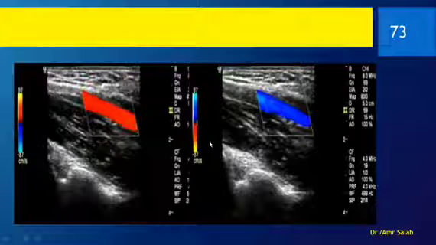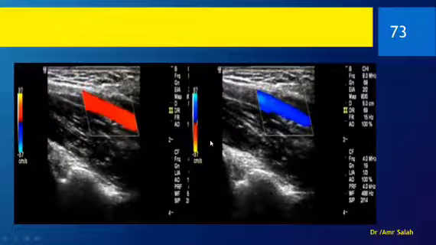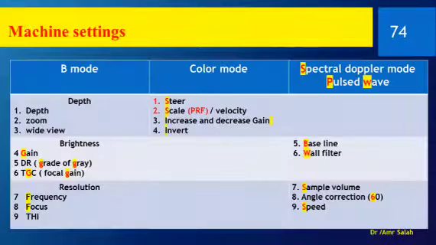Set it the way you like, but pay attention that it might be inverted. There's nothing wrong with the blood vessel, it's just the inversion function. Voila, now we have finished the color mode. Congratulations. What remains is the spectral Doppler. All set.